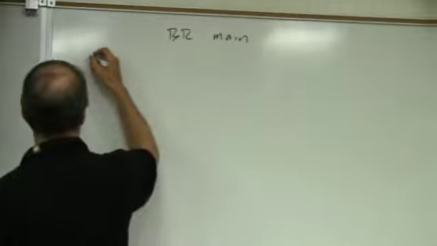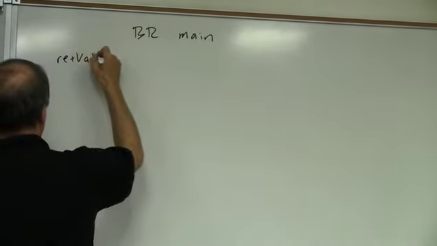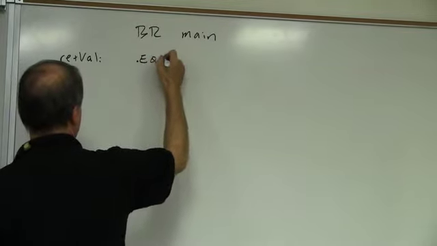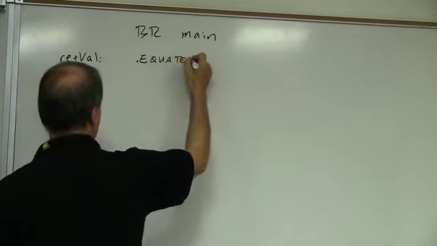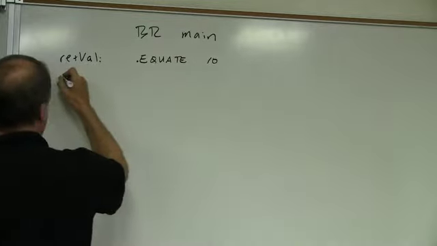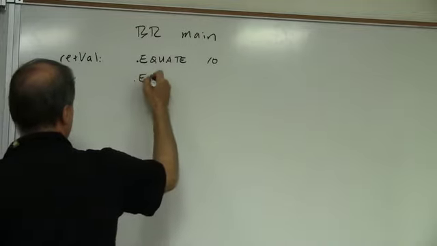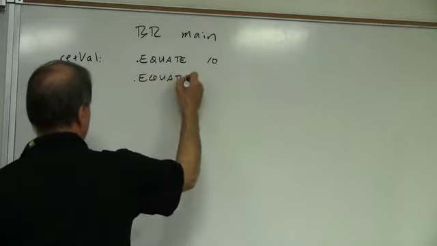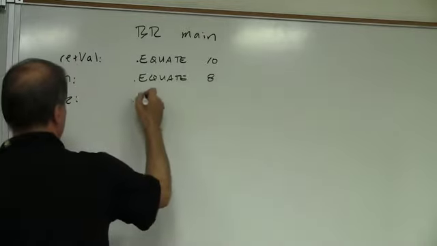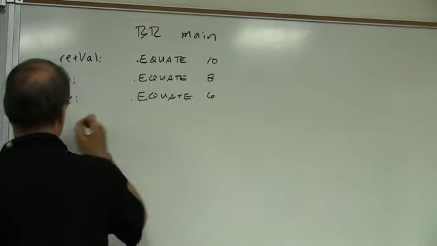So what was retval? Dot equate 10, I think, that one's 10. And N, dot equate to 8. K, dot equate to 6.